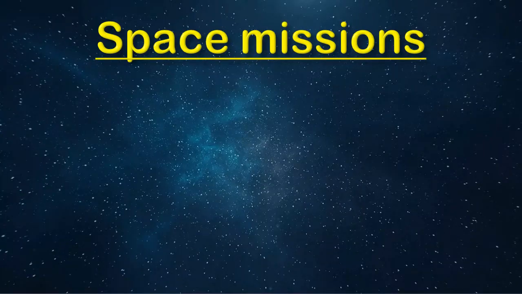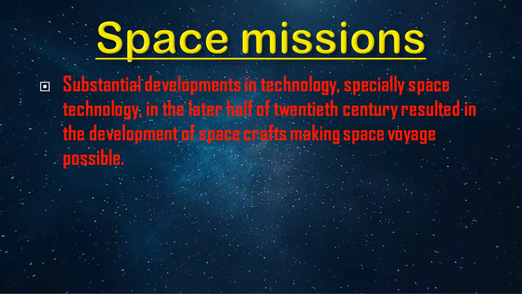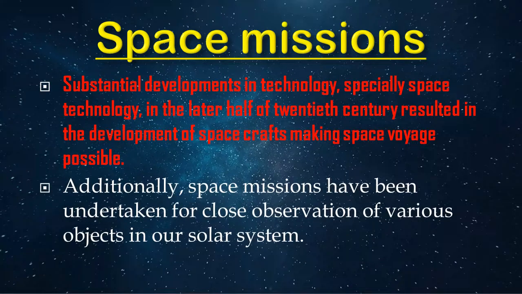Alright, so first of all, space mission. Substantial development in technology, especially space technology, in the later half of the 20th century resulted in the development of spacecraft, making space voyages possible. And since then more than 1,000 artificial satellites have been placed into orbit around the earth.